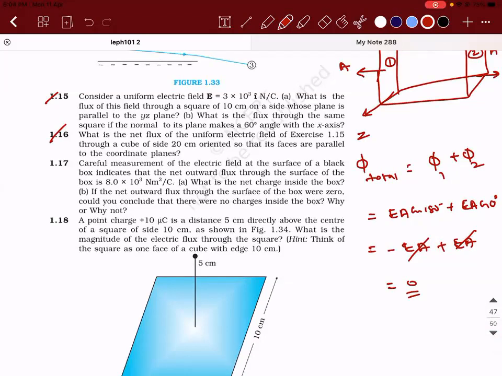It is because of the area vector. This is the direction of the electric field. Here also the direction of the electric field is this side. The area vector is to the right for this surface and to the left for the first surface. So when you do the dot product, the number of electric field lines leaving this surface is exactly equal to the number of electric field lines leaving this surface.